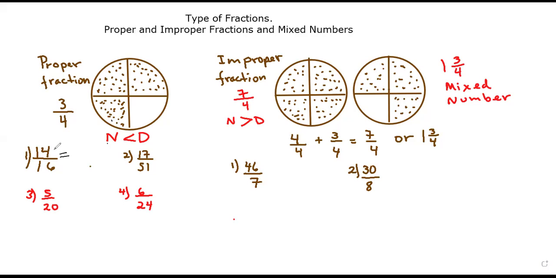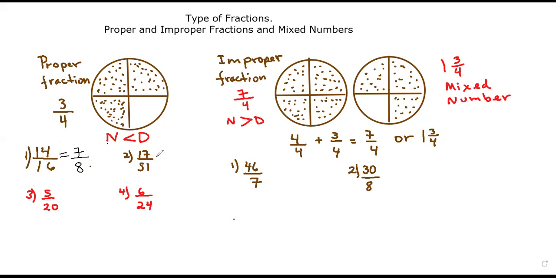If I divide the numerator and the denominator by 2, 14 divided by 2 is 7, 16 divided by 2 is 8. The second fraction, 7/8, is easier to represent than 14/16.